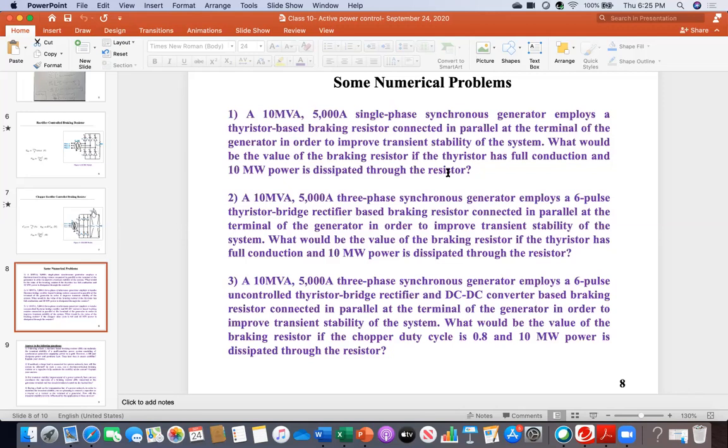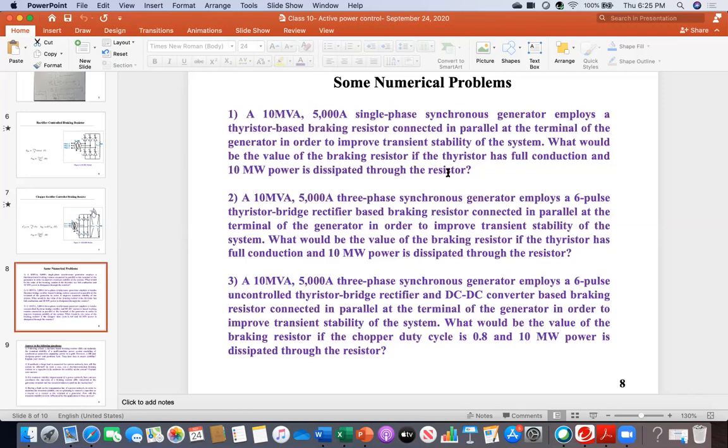Dr. Ali, yes, I got 0.4. So you have used the first equation, right? Yes, sir. And what was the VG value? I got 2000. Yes, that's right. And that braking resistance value R is 0.4.